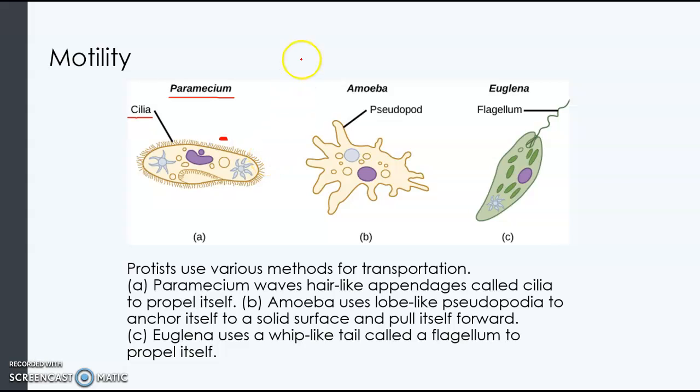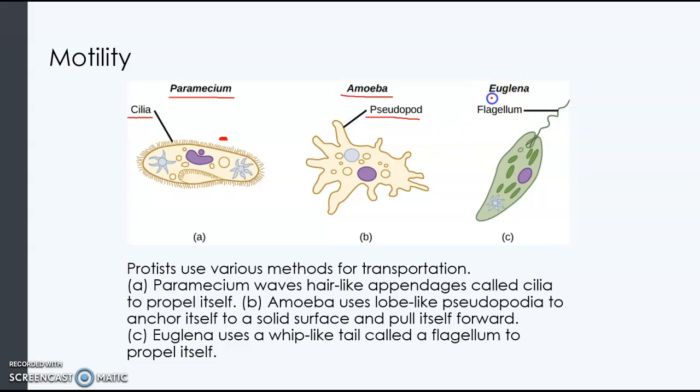Okay, and then we have the amoeba, which changes shape. And as it changes shape, it forms these projections called pseudopods, fake feet, false feet. And it moves by kind of gliding along the surface. We call this amoeboid movement.